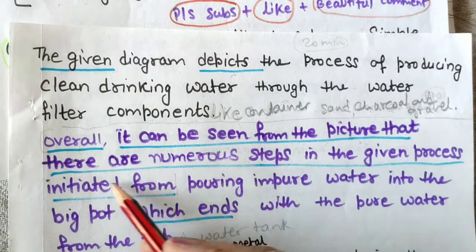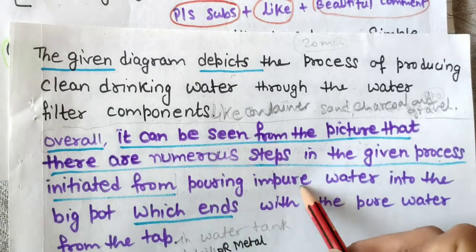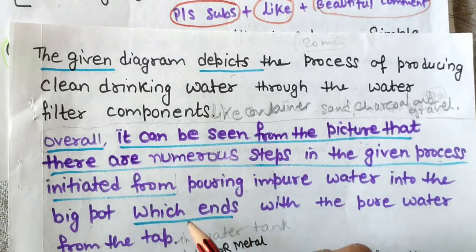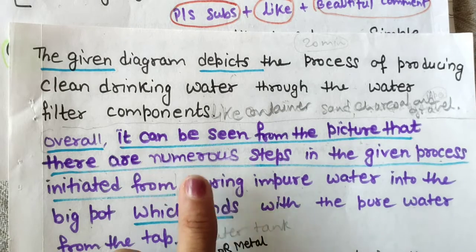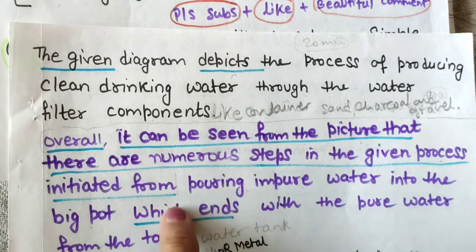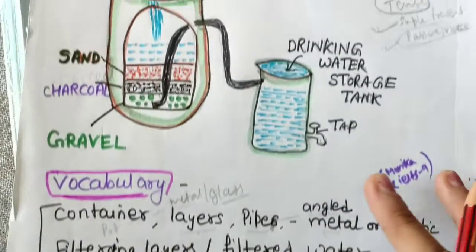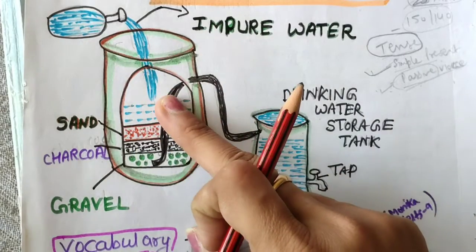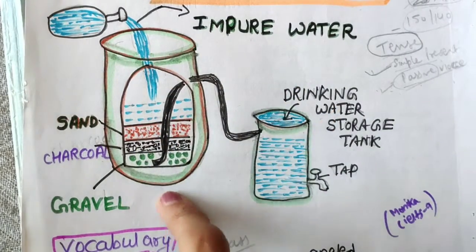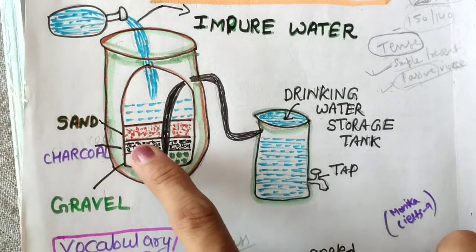That there are numerous steps in the given process, initiated from pouring impure water into the big pot, which ends with the pure water from the tap. Now I have explained, or you can name, you can tell the total number of steps also here. So I have written numerous steps starting from pouring impure water into the container, and water will go through all the layers, including charcoal.